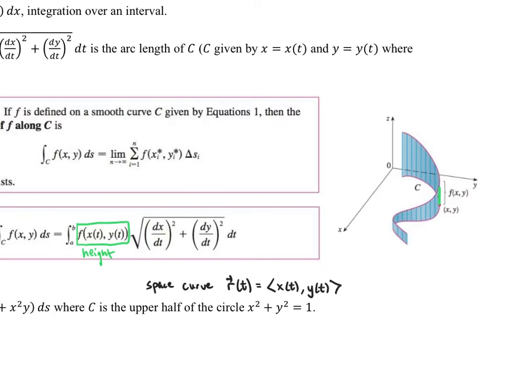Okay, so then when we look at the base of the rectangle, so let's just take, for instance, this little section right here. That base of the rectangle would be a specific arc length.